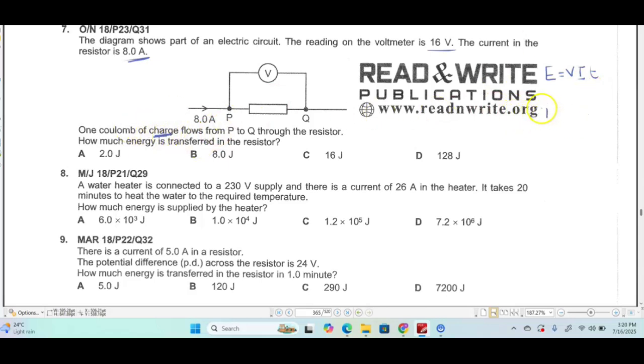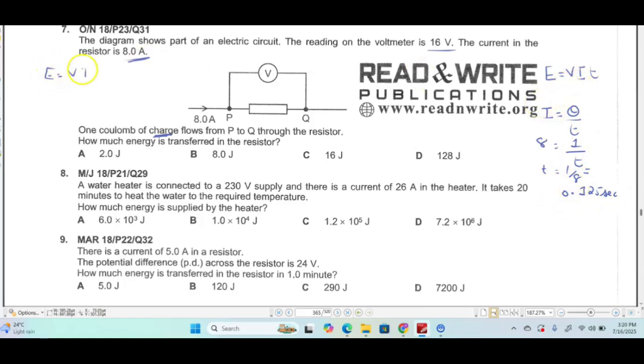So we can find this out by I is equal to Q by T. Our current is 8 amperes. Charge of 1 coulomb flows through in time T, and T is equal to 1 over 8. So that is going to give us 0.125 seconds.